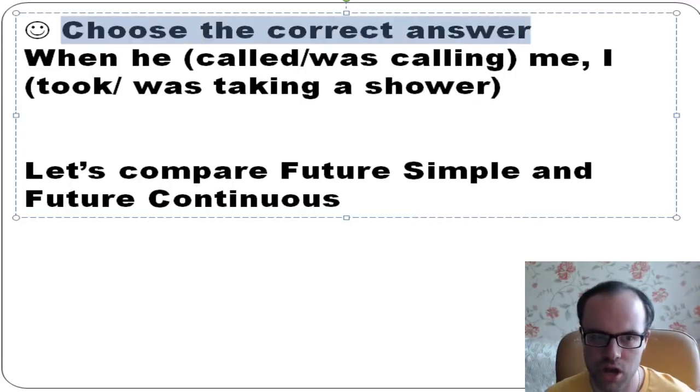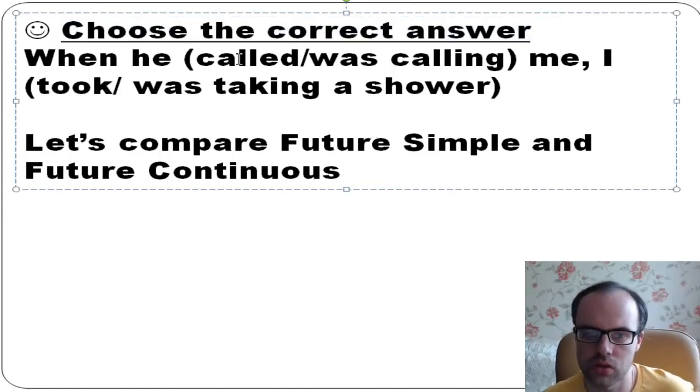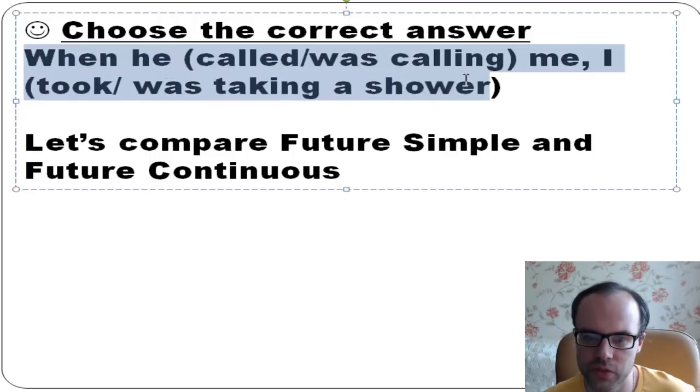So which answer is correct and why? So look, please look at it and then we'll discuss.